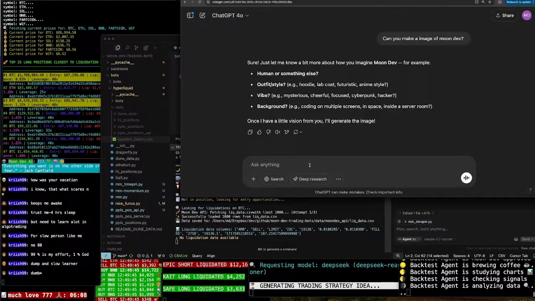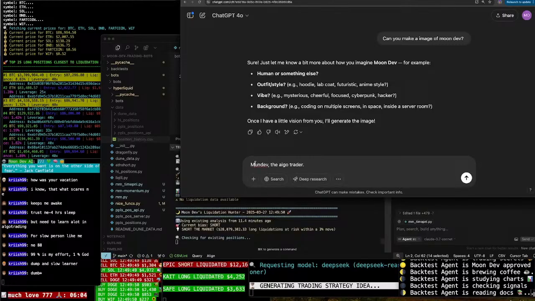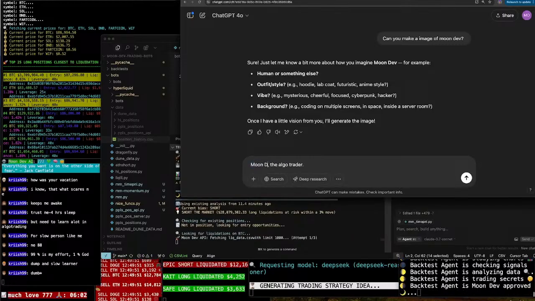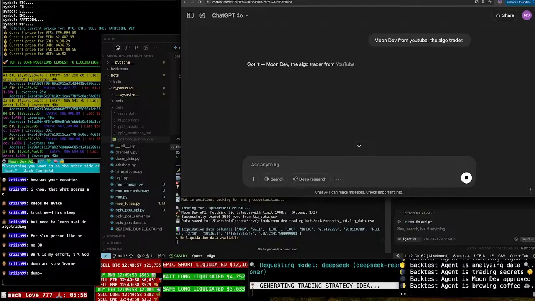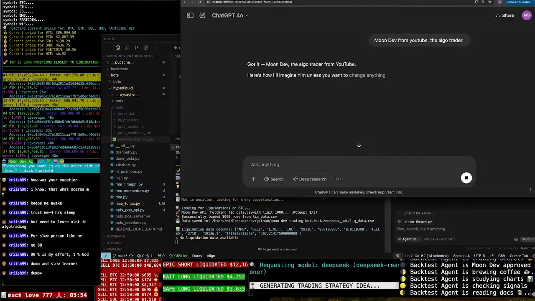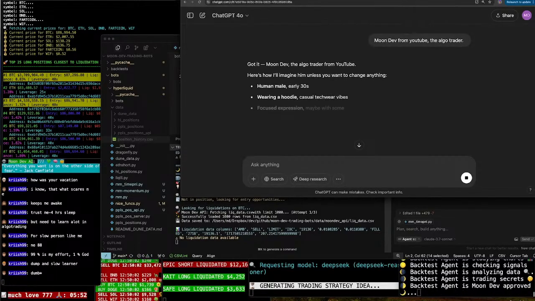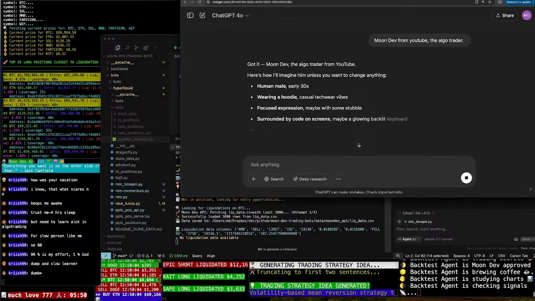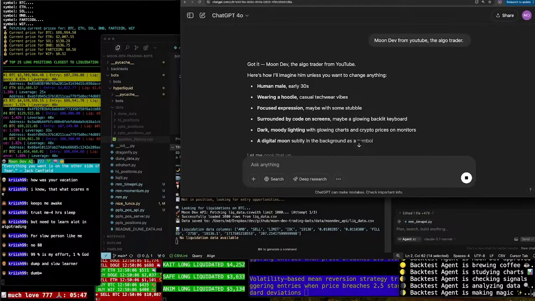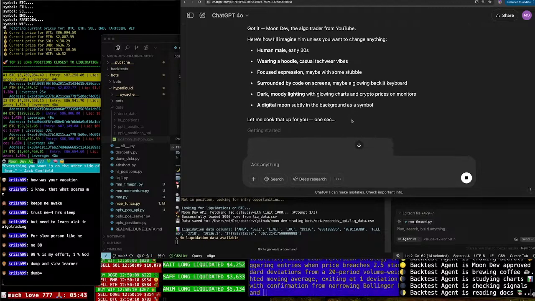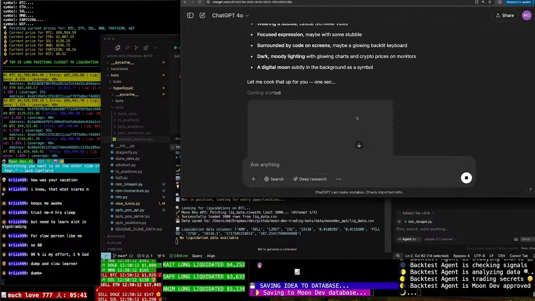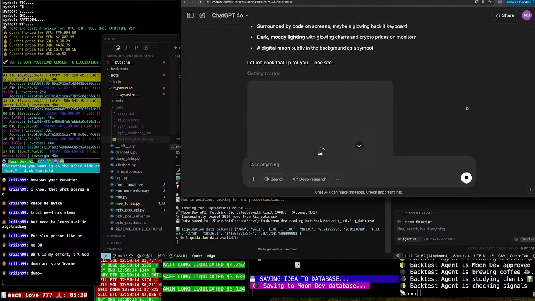Moondev, the algo trader. Acting like Moondev from YouTube. Let's do that. Acting like you don't know me, ChatGPT. Maybe with some stubble, surrounded by code or screens, dark, moody lighting.